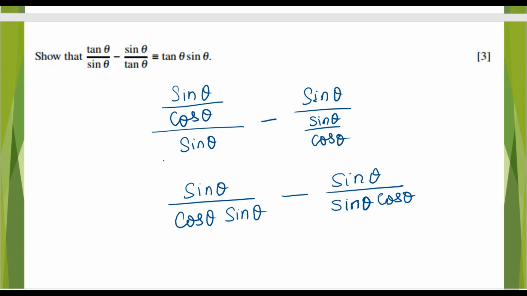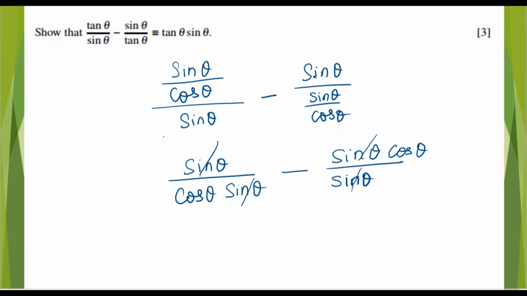Cos will go to the numerator. So you can cancel sine, and here also sine. So you'll get 1 over cos theta minus cos theta.